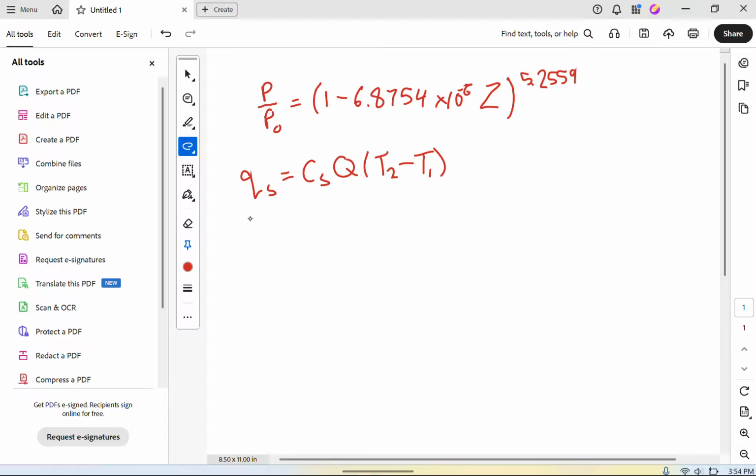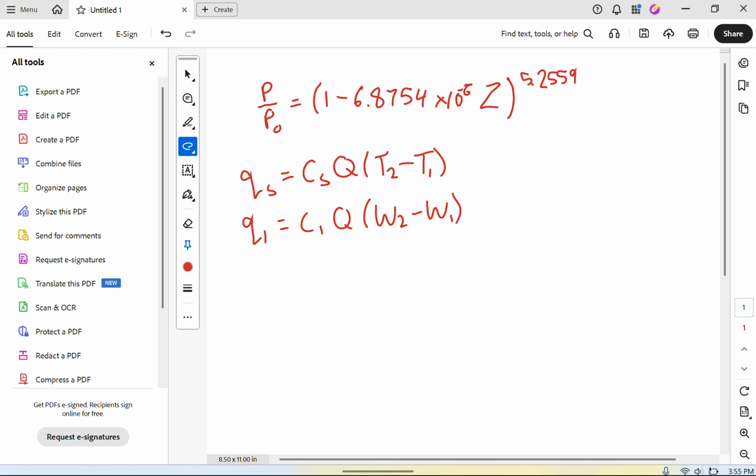So our next equation is the latent heat transfer load, or equation, and this is equal to CL times Q times our change in humidity ratio. So this change in humidity ratio is what dictates the latent heat transfer.